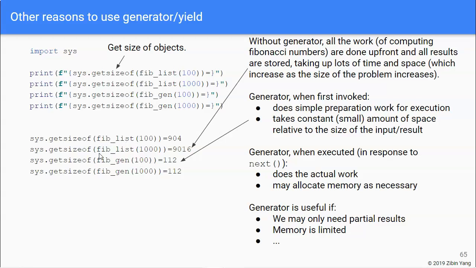So in this case, instead of generating 1,000 Fibonacci numbers up front and then figuring out later we might only need 10 of them, we should just generate these Fibonacci numbers as we need them. And a generator is also very good for that. And we will see other examples of using generators as we go through the rest of the class.